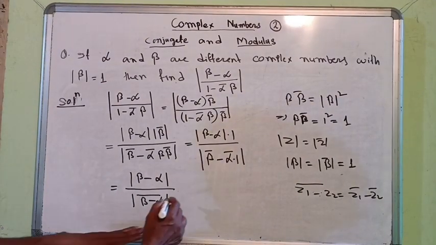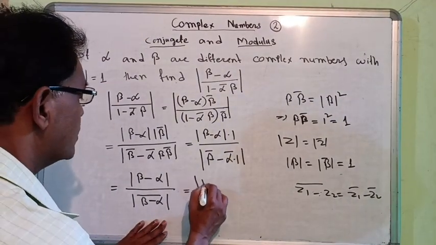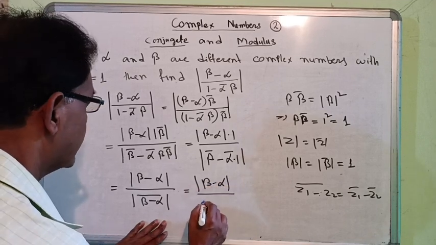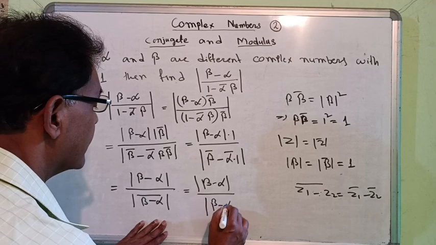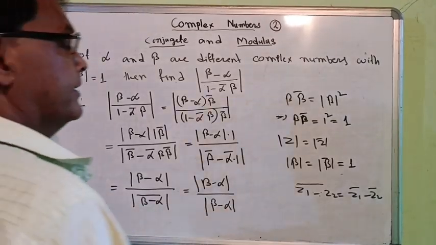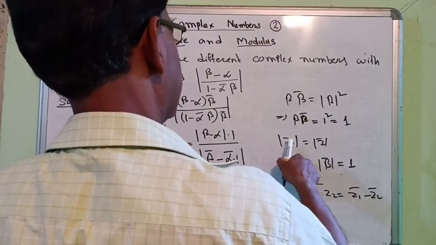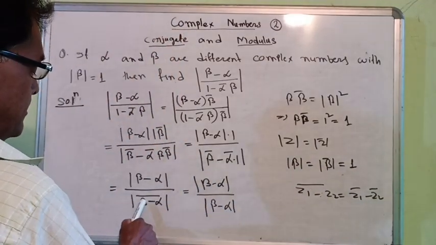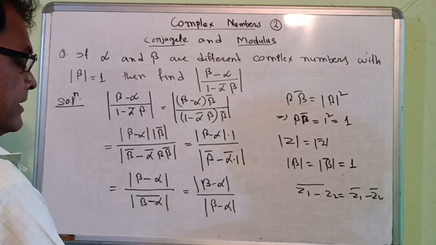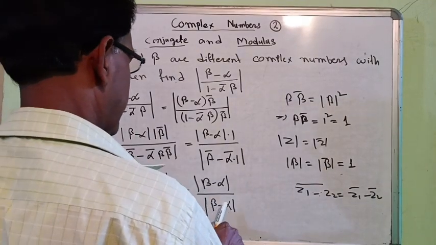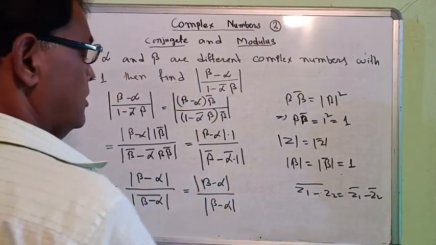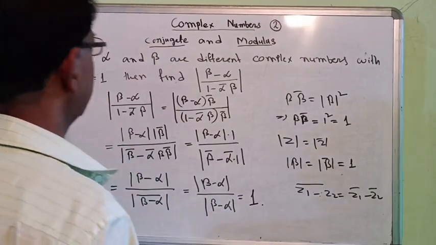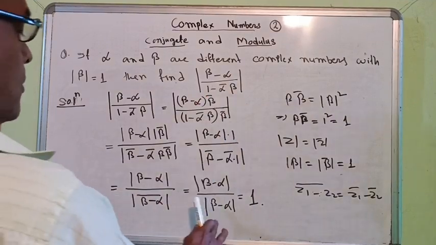Now we can write mod of beta minus alpha divided by mod of beta minus alpha. Therefore, this is the same, and this is equal to 1.